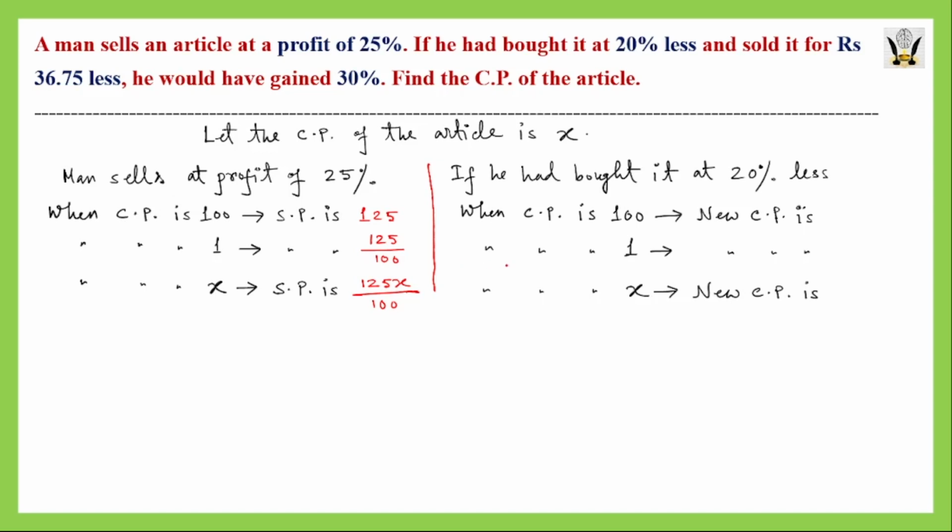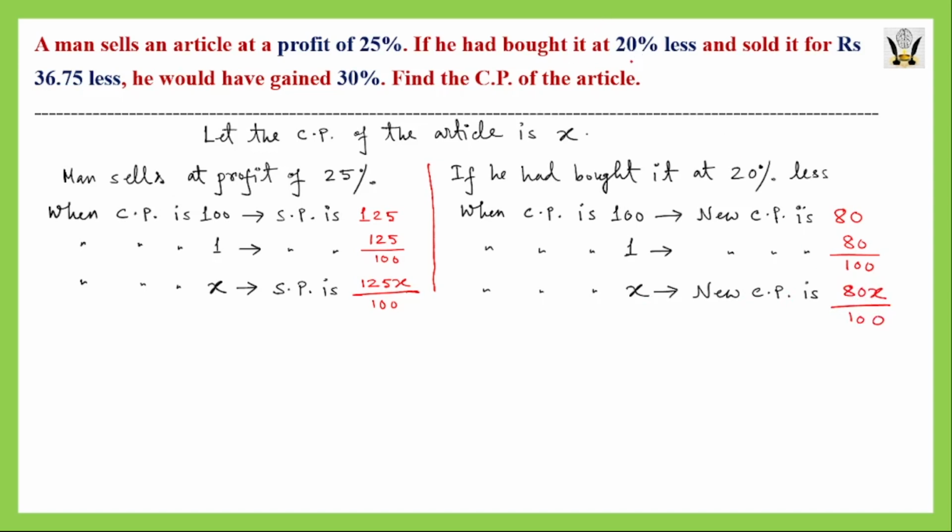So the new cost price will be rupees 80. If the cost price was 1, then the new cost price will be 80 divided by 100. And if the cost price was X, then the new cost price will be 80x divided by 100. So this is the new cost price.